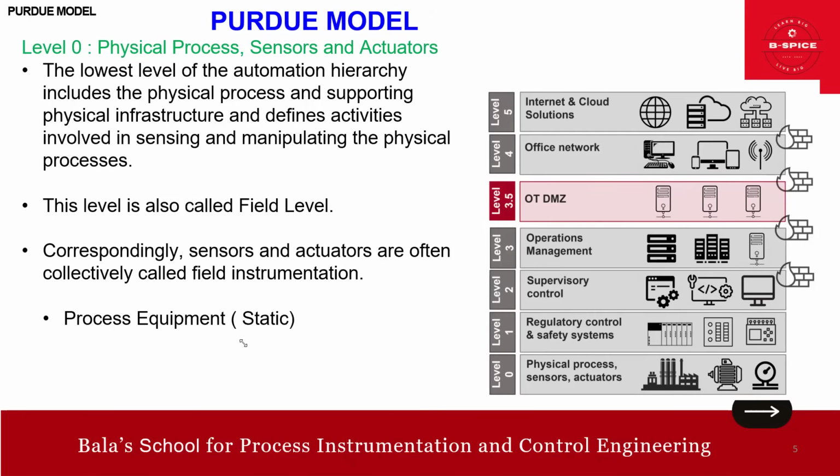So there are some physical level infrastructure items. One is process equipment, static. This group includes static process infrastructure, such as pipes, vessels, storage tanks, reactors, distillation columns, all these. Then we have process equipment, dynamic.